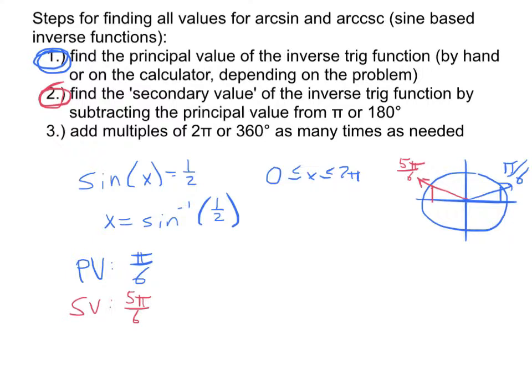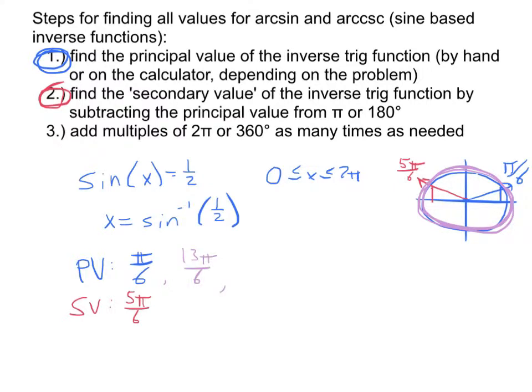Okay. So then step 3 is where we find as many other values as we need. This now says add multiples of 2 pi or 360 as many times as needed. Because remember, you've got pi over 6, but we could also go around the circle as many more times as we wanted, right? So if I added 2 pi to this, I'd end up with 13 pi over 6.